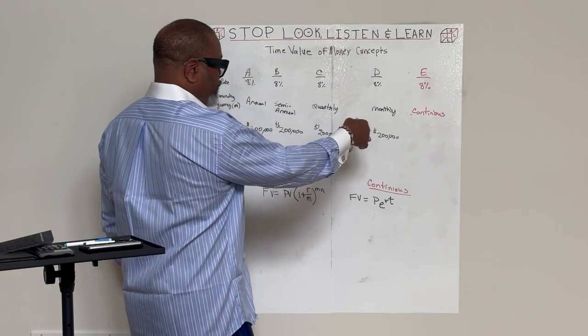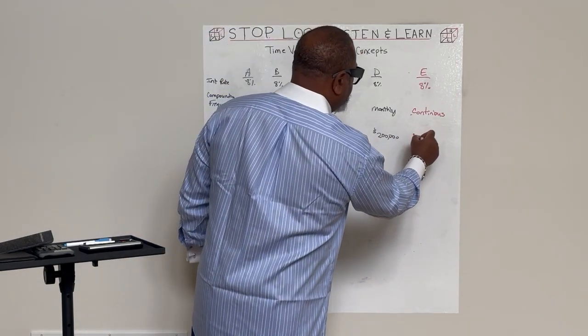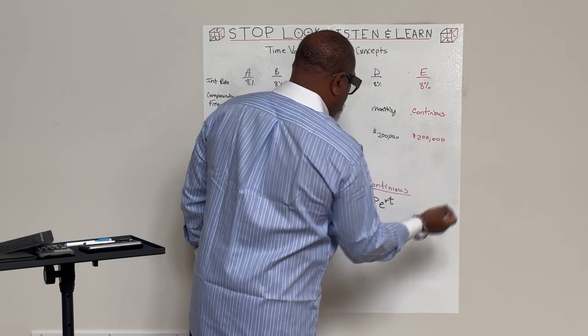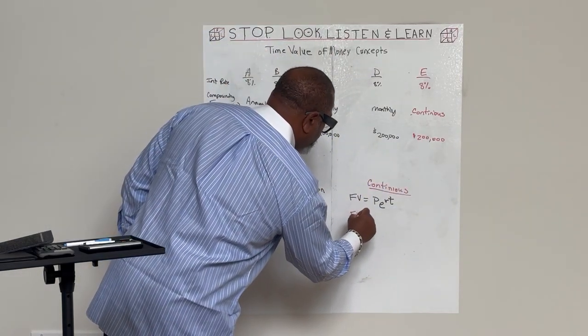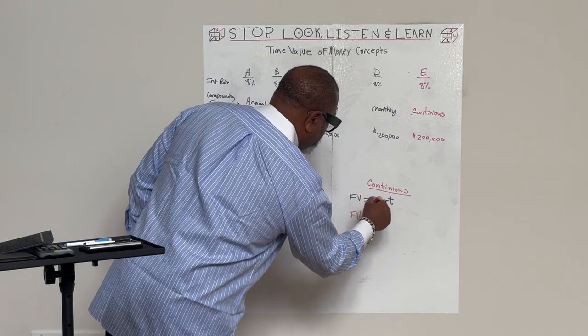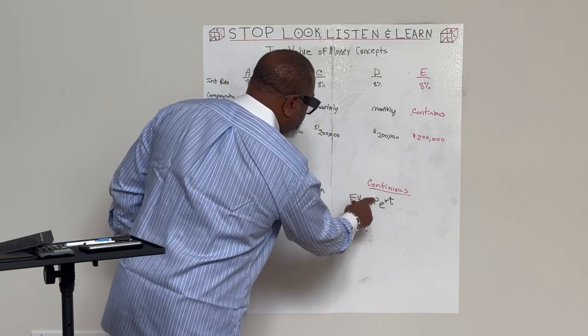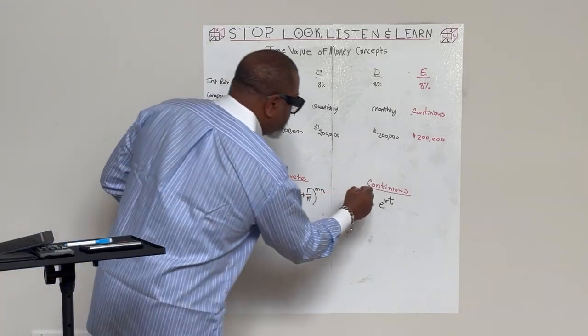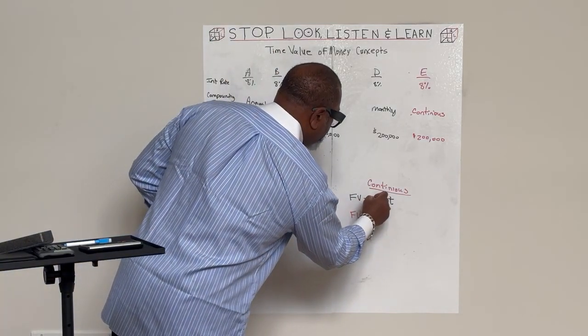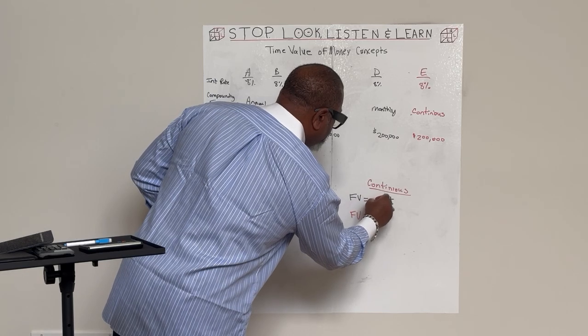We're going to put the same 200,000 in there. Now, how much would we have? So, future value is what we're trying to find. I put P here, but this really should be future value. Didn't mean to confuse you there.